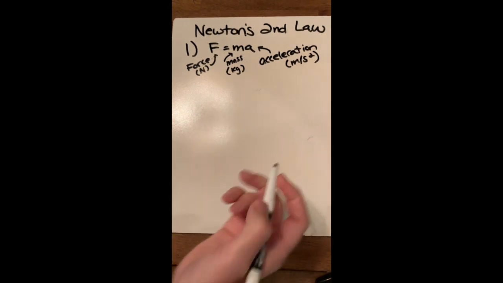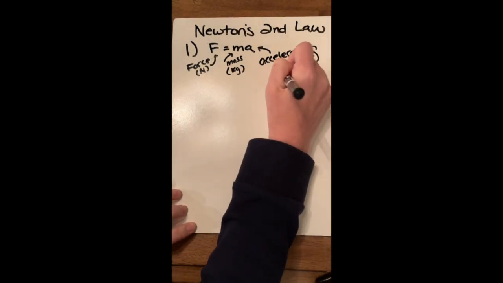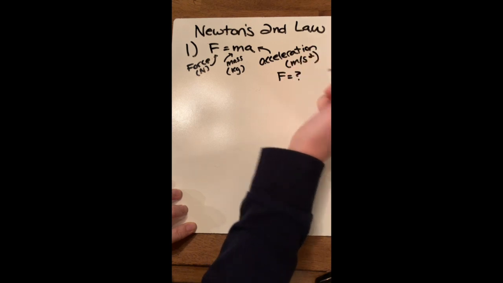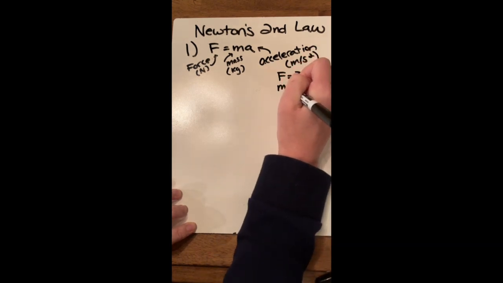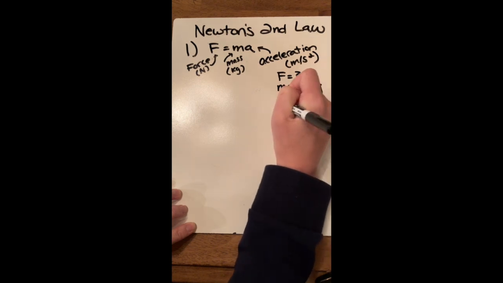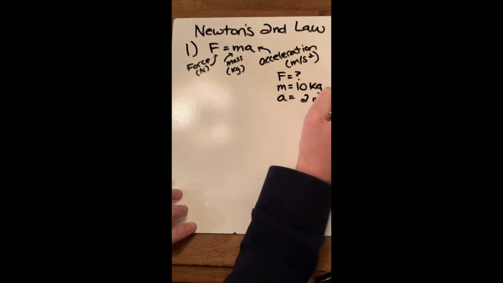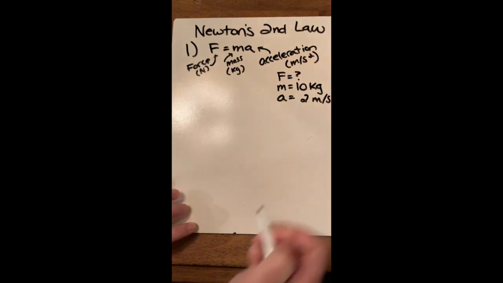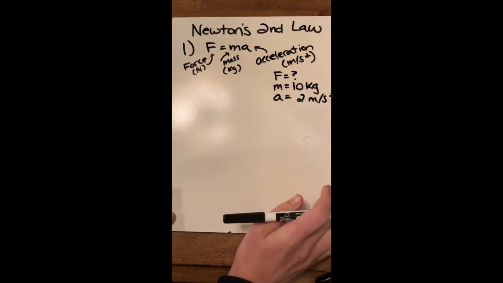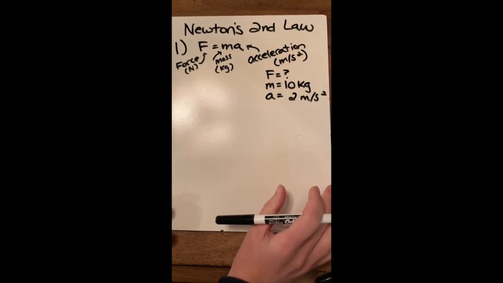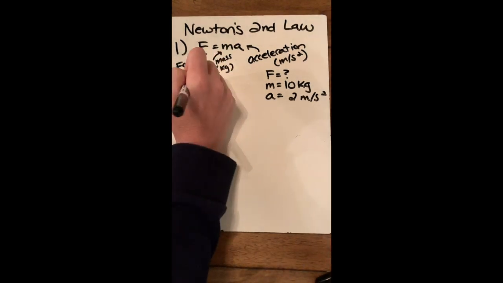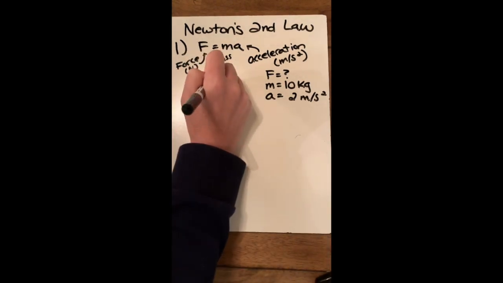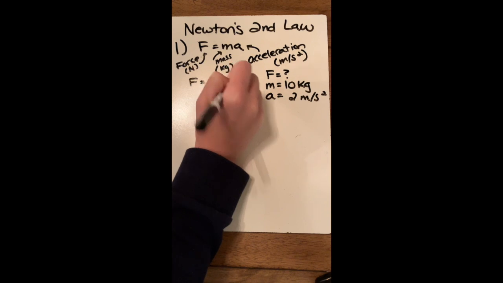Let's say, though, I get a problem and it asks me to figure out what is the force for a mass that has 10 kilograms and an acceleration of 2 meters per second squared. Okay, so what would I do in that case? Well, let's see. So I'm going to rewrite the equation. F equals m times a.